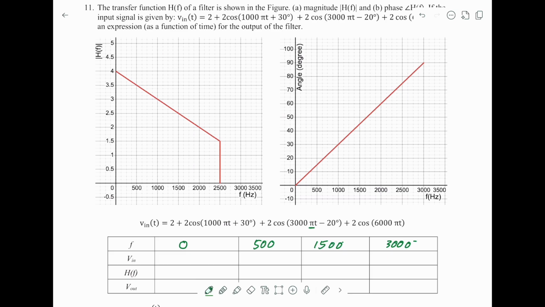So for example, for the first term, there's only amplitude because there's no phase, so this is 2. The second term, the amplitude is 2 and the phase is 30 degrees. It means under 500 Hz, the amplitude is 2 and the phase is 30 degrees.